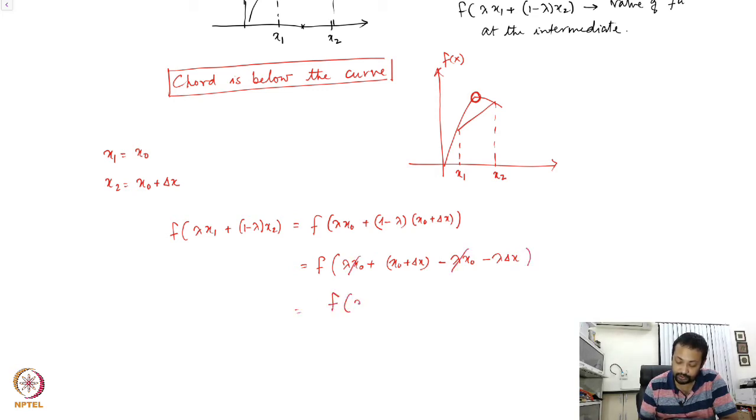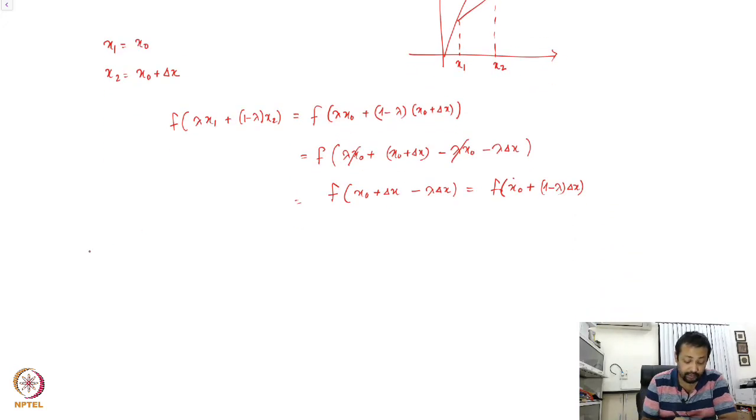So essentially you will have x naught plus delta x minus lambda delta x, which you will simply recast as f of x naught plus 1 minus lambda delta x.